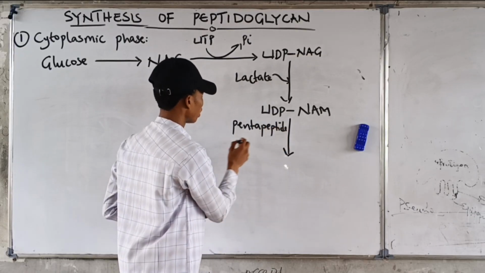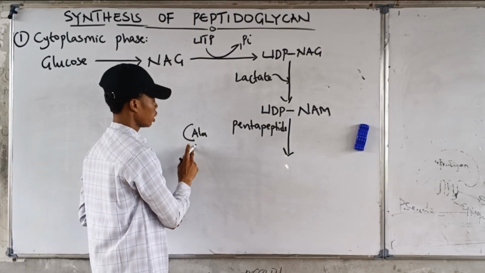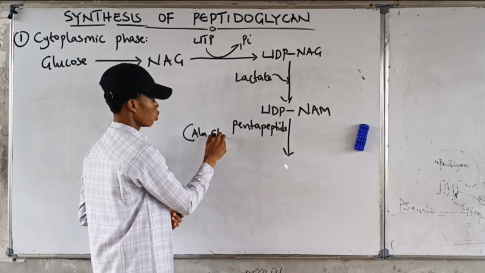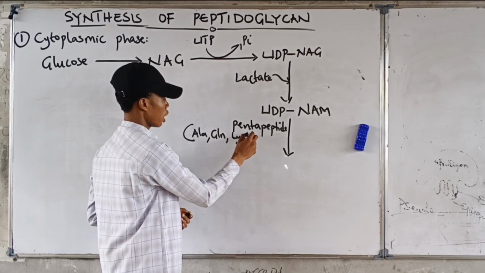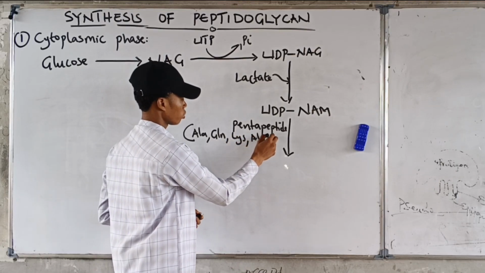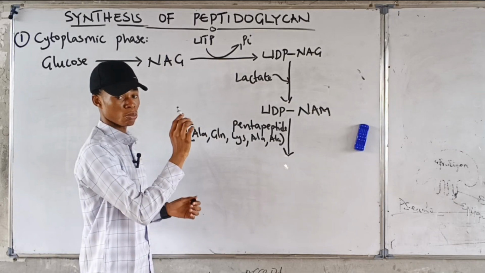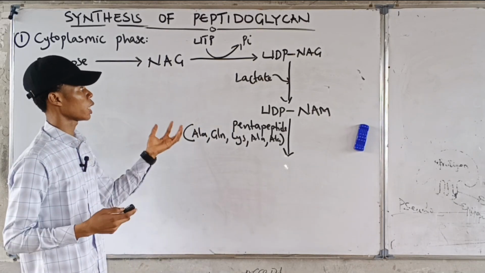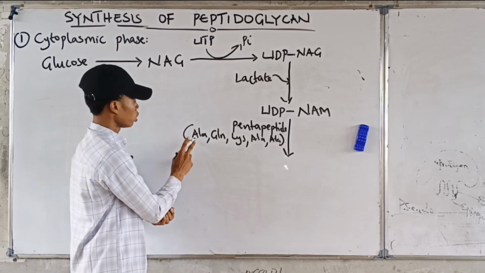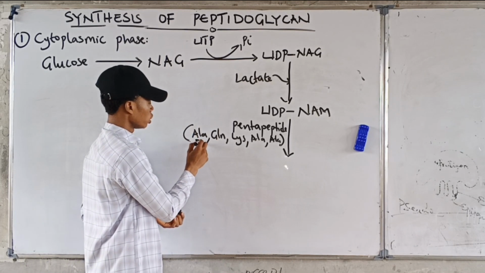So our pentapeptide will be added, and the pentapeptide is made up of alanine, glutamine, lysine, and 2 alanine. And don't forget, I said in our previous video, if you missed that, please go and watch that first video. It will give you more insight into what we are doing here. Now, this first one is in what configuration, is it D or L?